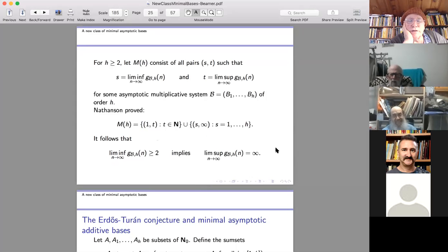The equation is: write n as a product of h integers, one factor from each of the sets. If every equation from some point on has at least 2 solutions, then you have arbitrarily many solutions. For any number k, there's a number n with at least k representations as a product of h factors from the sets.